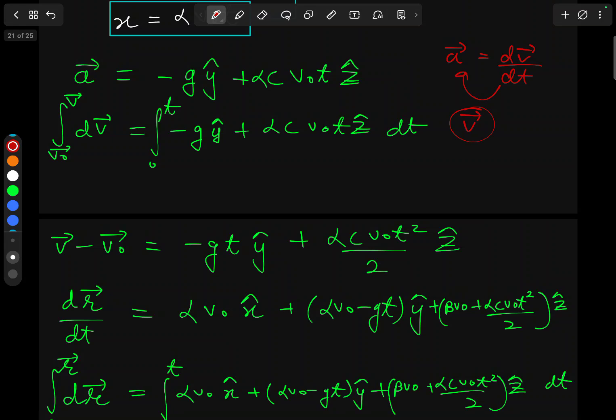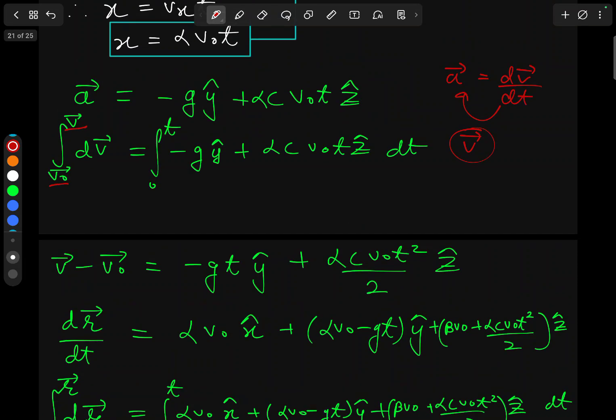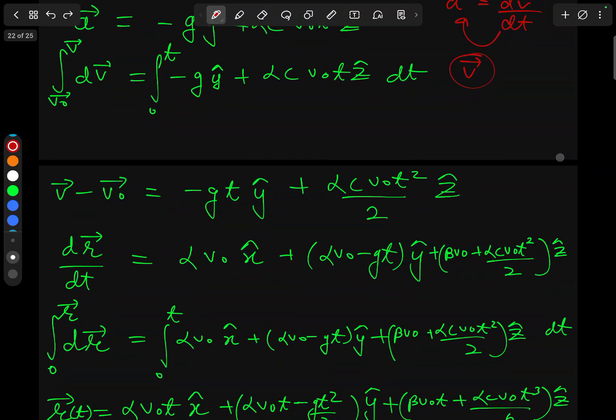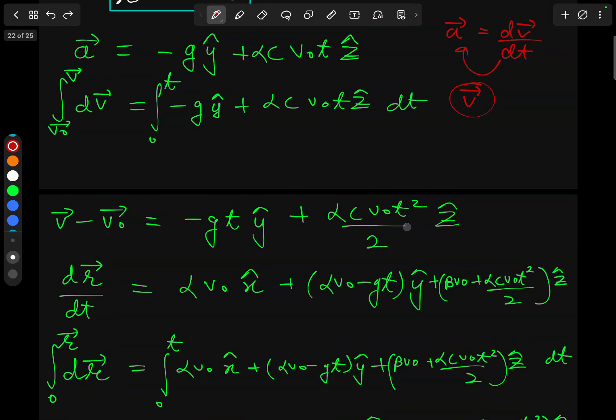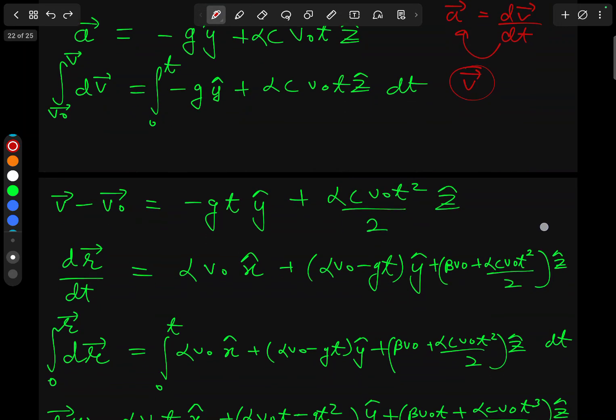So this is what I do here, dv vector from the initial velocity vector to the velocity vector at any general time t, right? So when I integrate it, what I'm going to get is that v vector minus v naught vector, as you can see, is written out here.